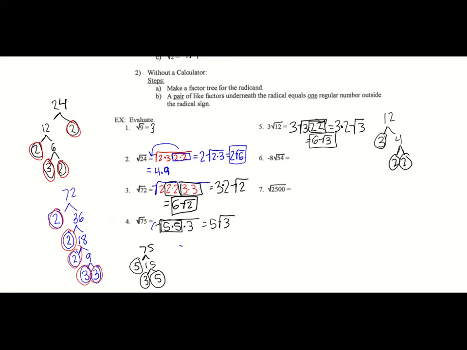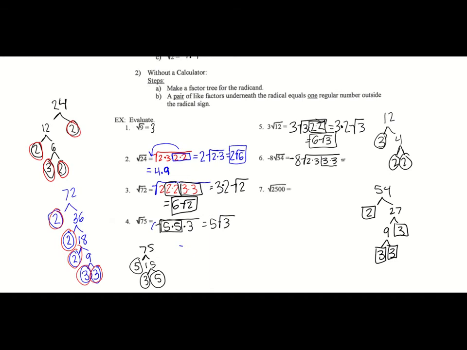Number 6, I'm breaking up 54. I know 54 is equal to 2 times 27. 27 is 9 times 3, and 9 is 3 times 3. So I have 2, 3, 3, and 3. So I still have my negative 8 out front. Under my square root, 54 is the same thing as 2 times 3 times 3 times 3.